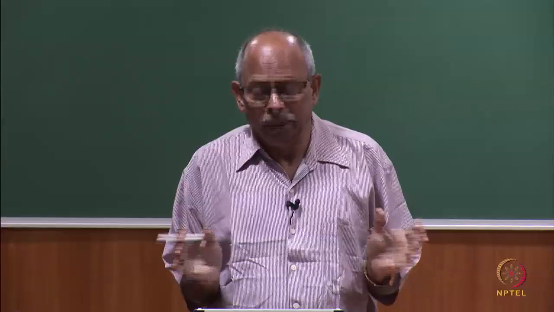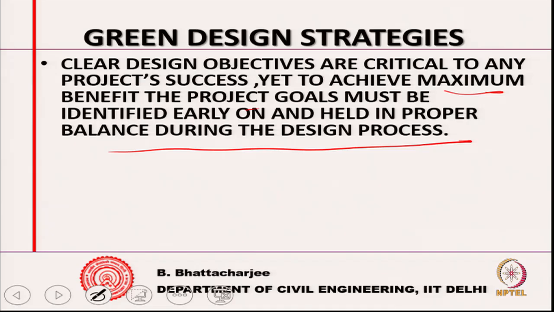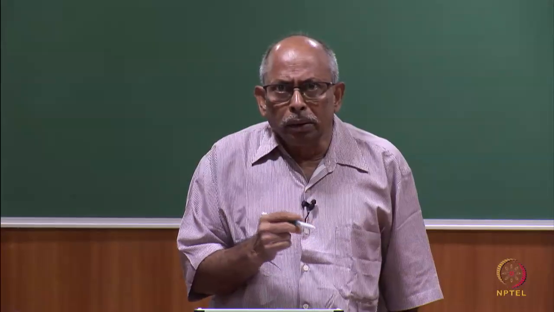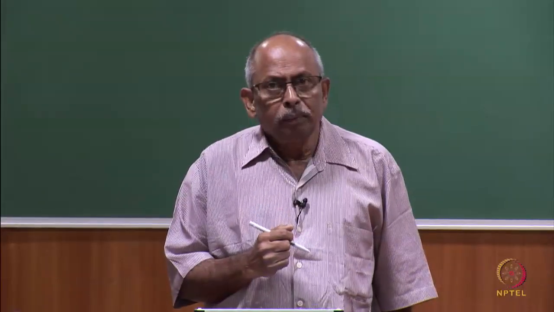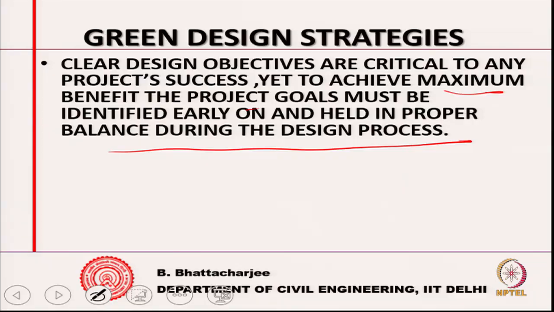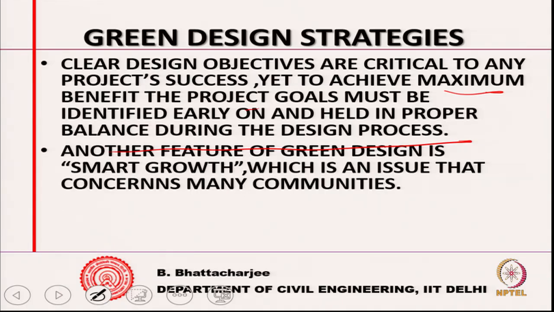What is my objective? Design objective should be stated, and to get the maximum benefit to attain these project goals, if I identify them early and basically hold on during the project execution and design process, then it can be successful.